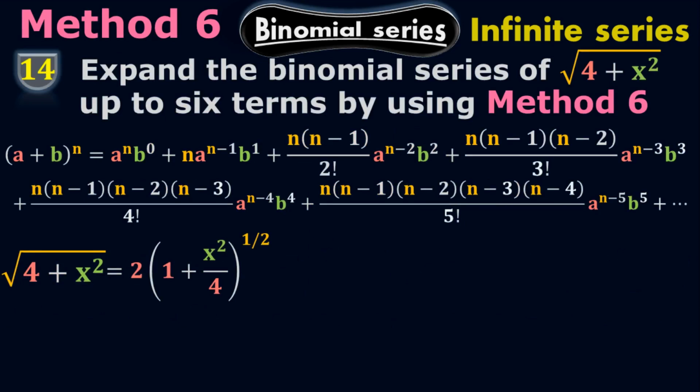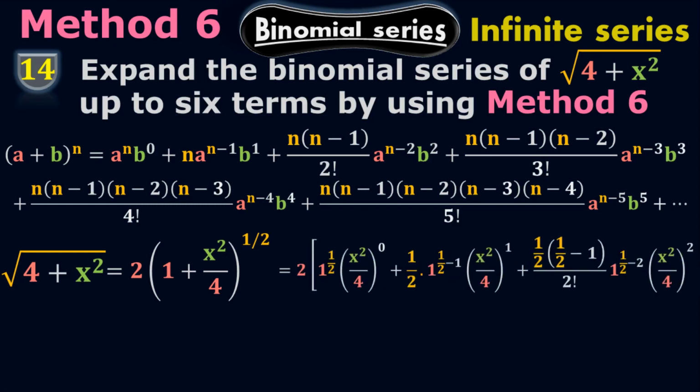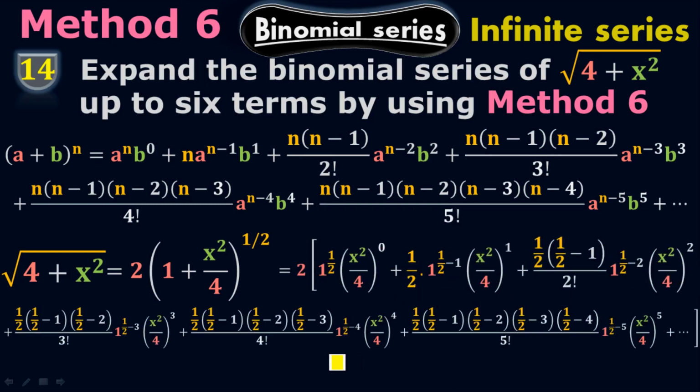By plugging all the respective values in the above binomial theorem, I'm gonna have this expression on the right side for 2 into (1 plus x squared over 4) to the whole 1 over 2. Put 2 as it is, which is this 2, and apply the binomial theorem here. As I said, my n is 1 over 2.